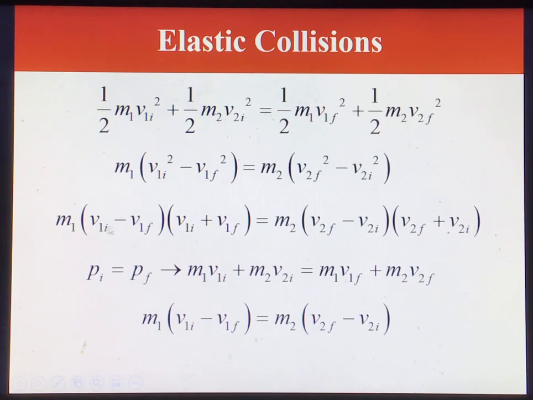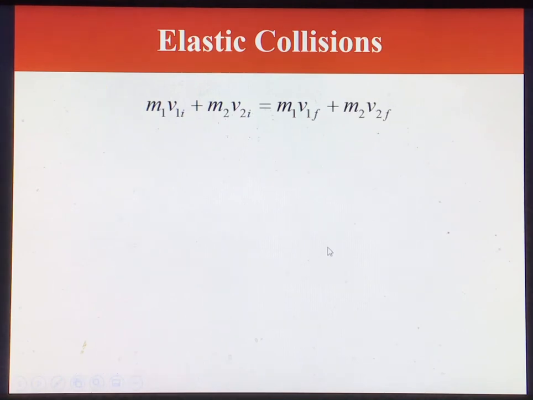So it means that the first term here is going to cancel with this term, and I end up with this equation right here. So it tells me that V1 initial plus V1 final must be equal to V2 final plus V2 initial. And so I can rearrange this equation again and write it as V1 initial minus V2 initial is equal to negative into V1 final minus V2 final.